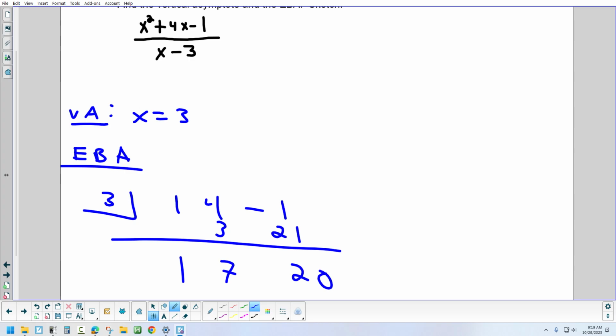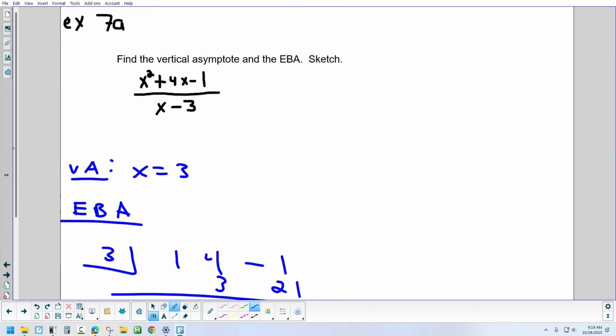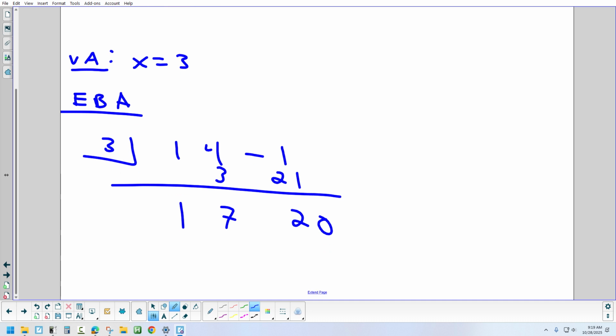Okay. First thing, just to notice real quick, if I asked you for the EBM and the EBA in this problem, they would not be the same. Okay. Because I didn't get a 0 right there. Okay. Got a 7. But they didn't ask for the EBM, just the EBA. EBA is always written as y equals.